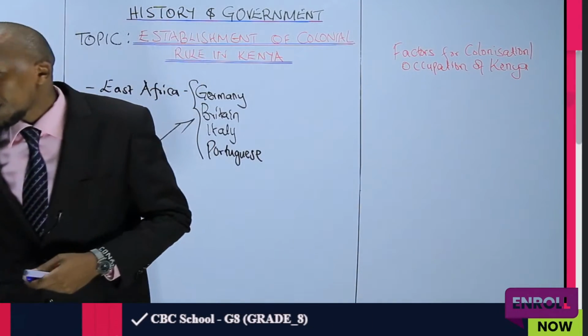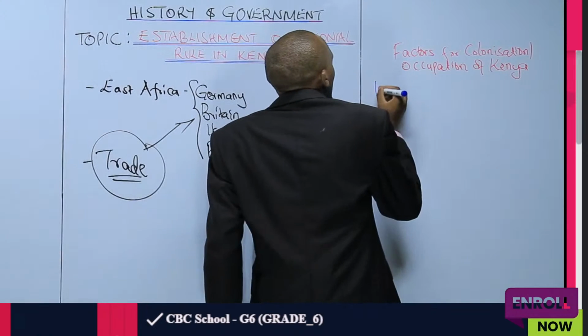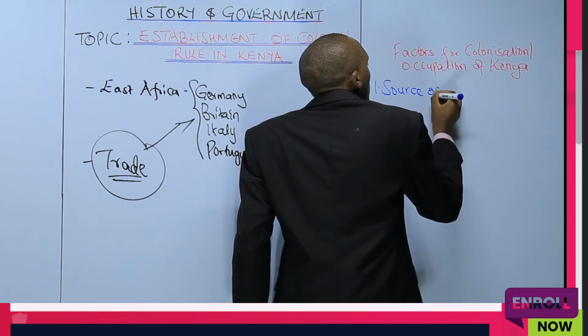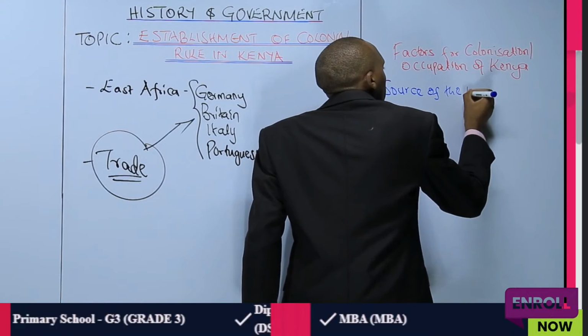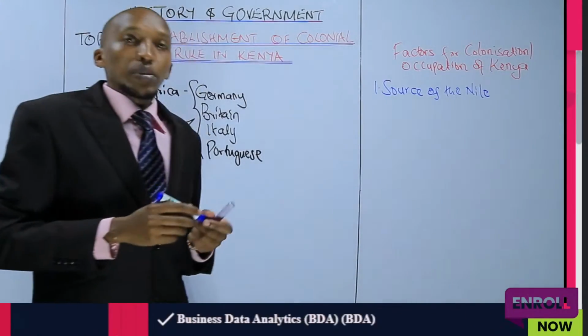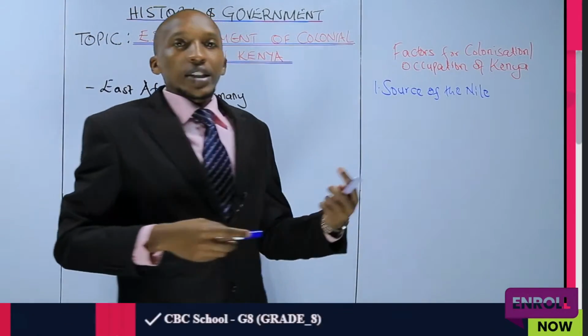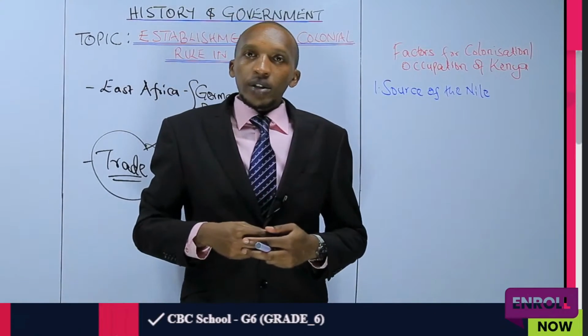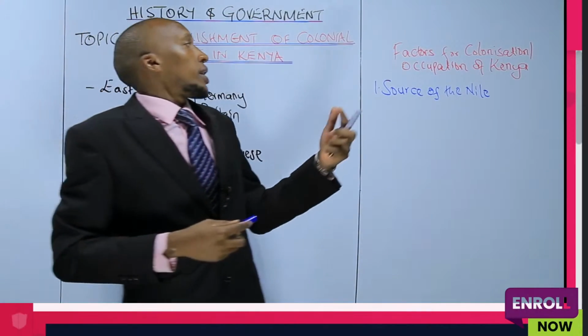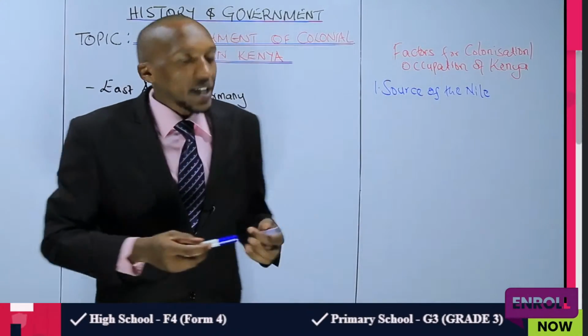The first one was the source of the Nile. Remember, the Nile starts in Uganda, right? And we said it was very essential because Britain had occupied Egypt.